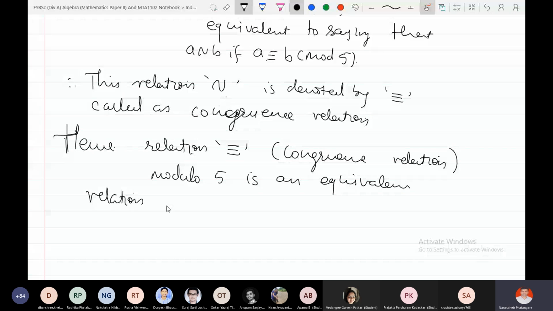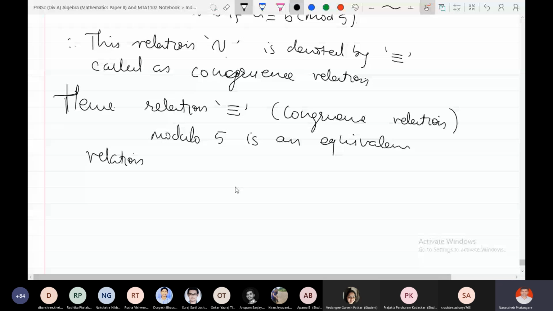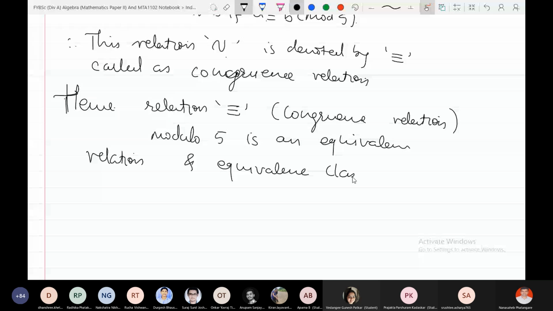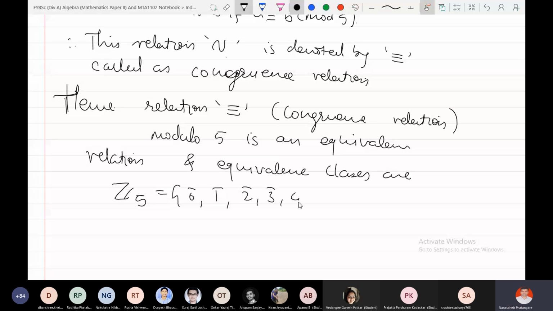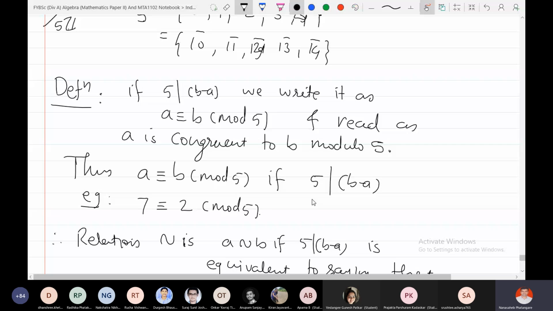Congruence relation modulo 5 is an equivalence relation. And the equivalence classes are 0 bar, 1 bar, 2 bar, 3 bar, 4 bar. So there are 5 classes. Any doubt so far? If you have any doubt, you can ask me.